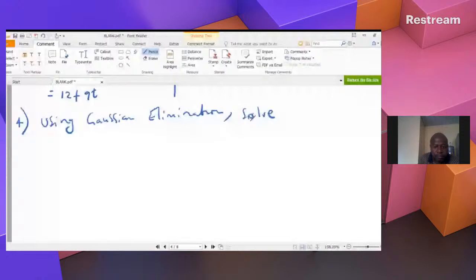Using Gaussian elimination solve, I want x plus 10z is equal to 5, and 3x plus y minus 4z is equal to negative 1.